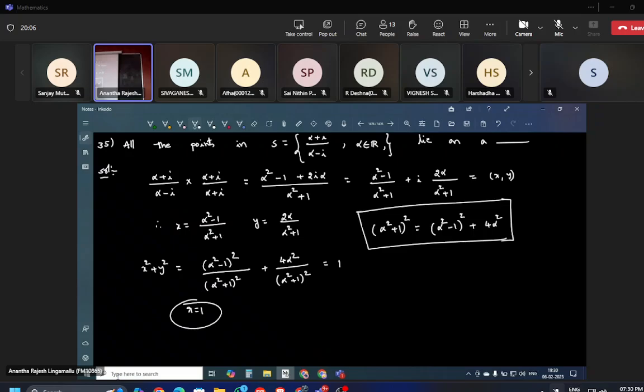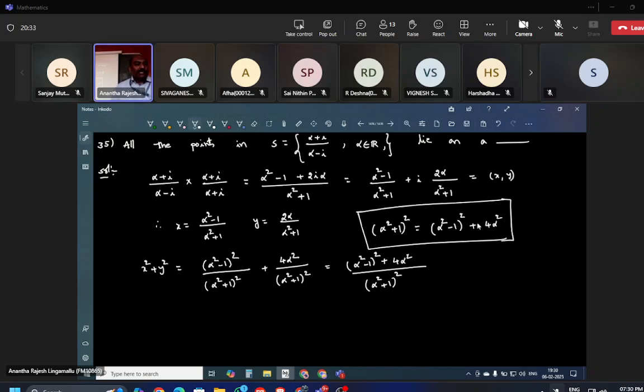How good, how easy? What is the LCM? Okay, so what is the numerator? Minus 1 whole square plus 4 alpha square.